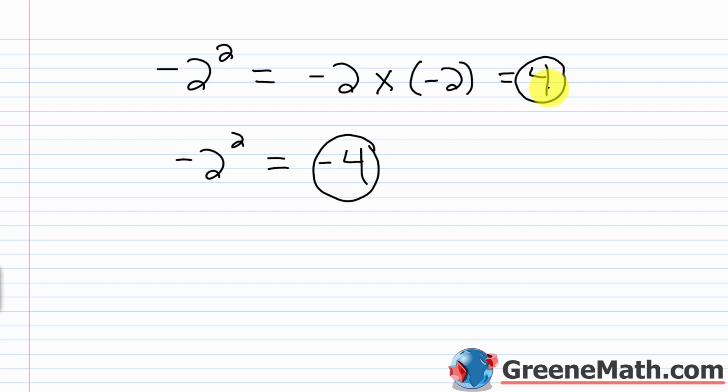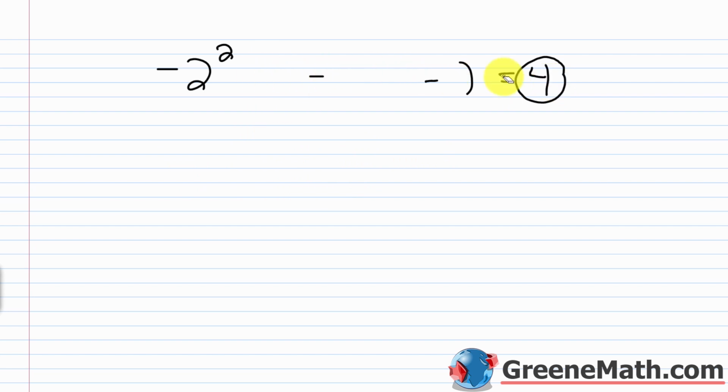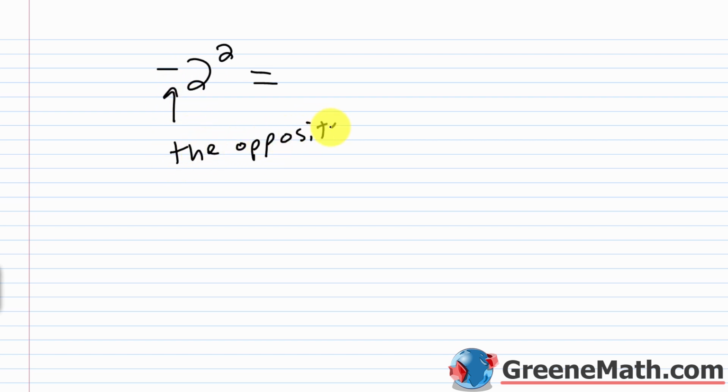Well, it's a notational issue, and here's why. This is wrong, by the way, so I'll erase it and show you why. If I have negative 2 squared written like that, really what I'm saying is I want the opposite of 2 squared.